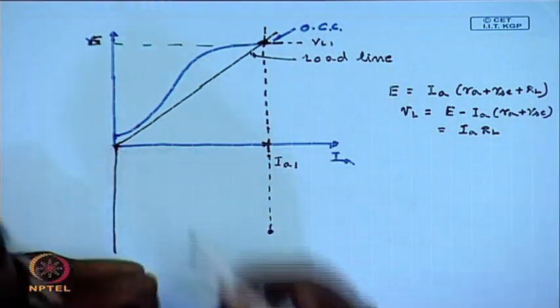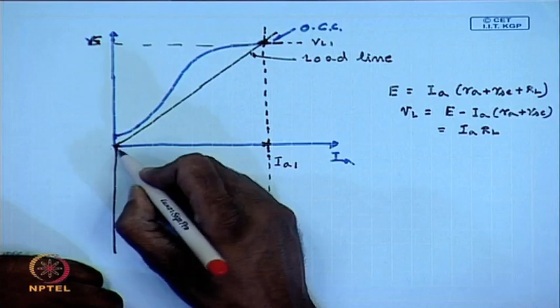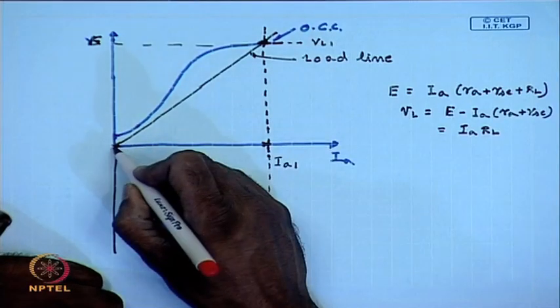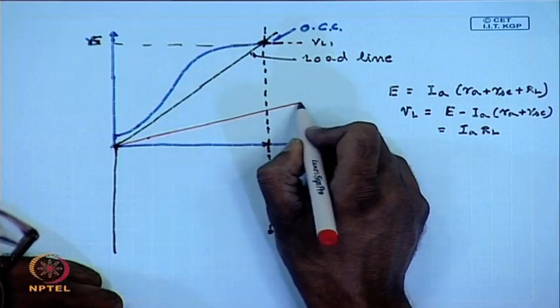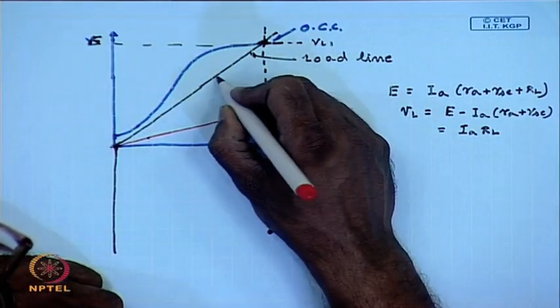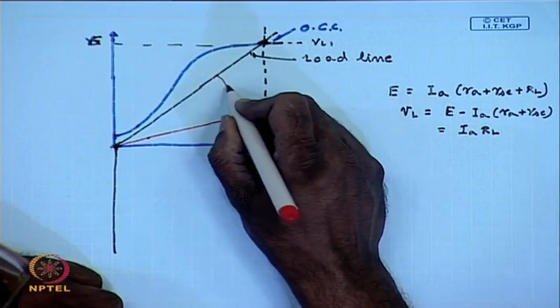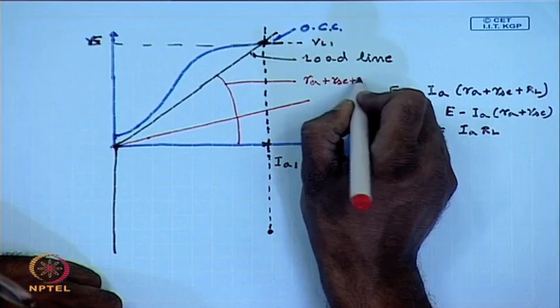Therefore, we draw another line with a slope of RA plus RAC, whereas this slope was RA plus RAC plus RL.